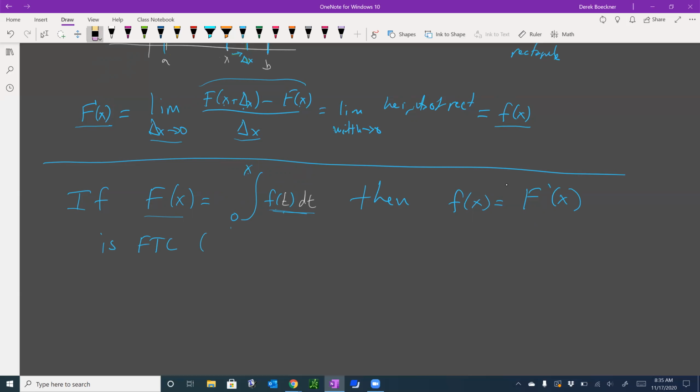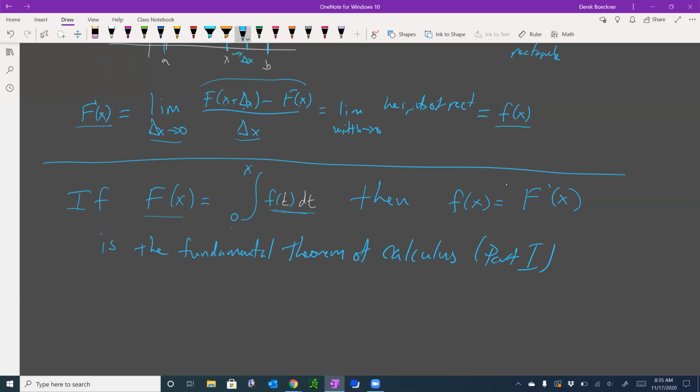Let's write it out the first time. And there are some restrictions, right? I think I want little f to be continuous. Yeah, I need little f to be continuous.